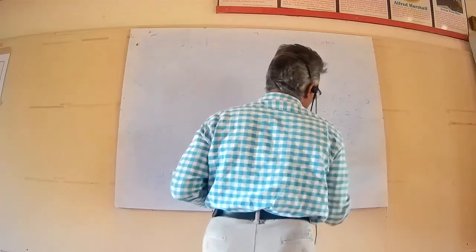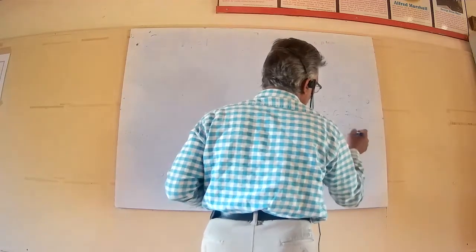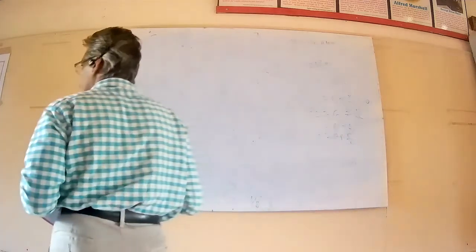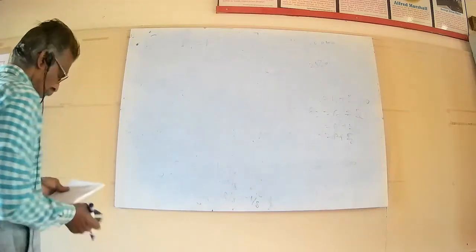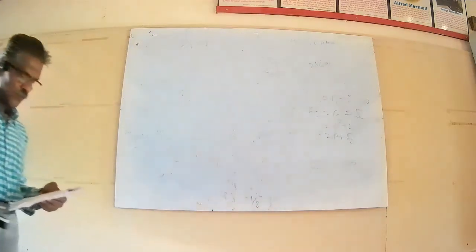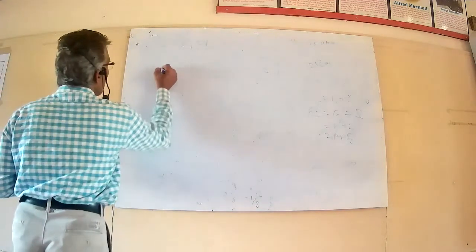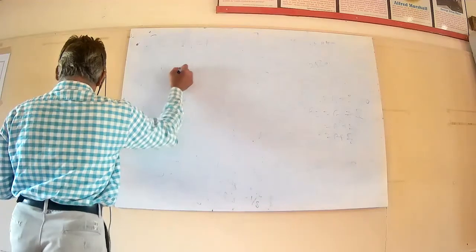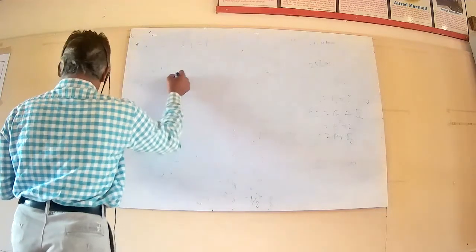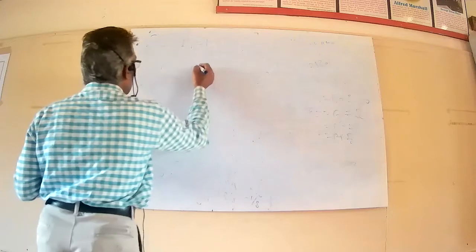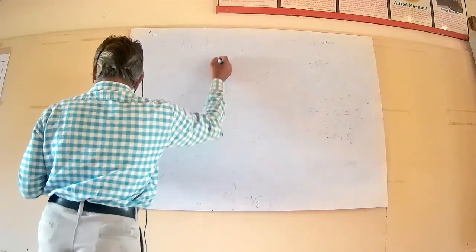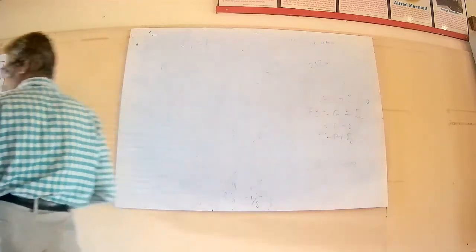Therefore P cancels, and A1 minus A2 gives I1 equal to I2. So now 8 PT divided by 100 equal to 7P into T plus half divided by 100.